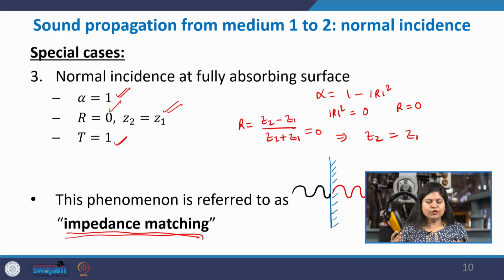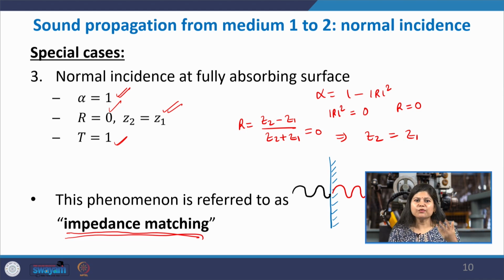In this phenomenon, the characteristic impedance of the two media are the same, and we discussed in the previous class that the characteristic impedance rho c quantifies how resistant that medium is to sound wave propagation. Because the characteristic impedance of the two media is the same, they both acoustically are the same.